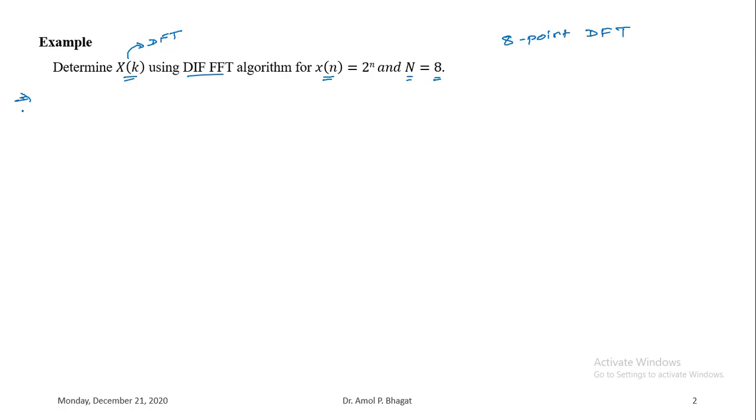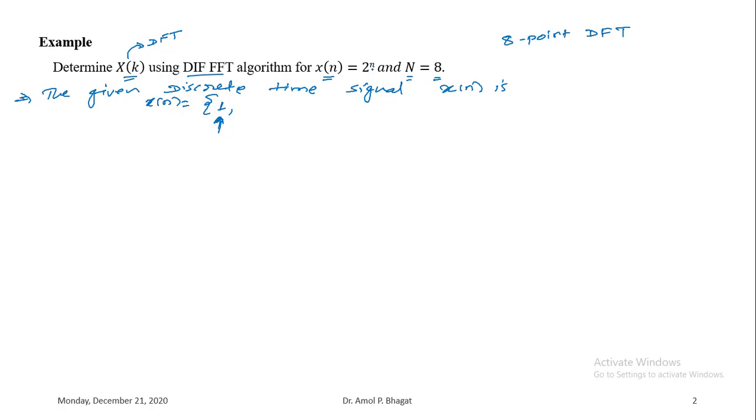So initially we'll write down all these samples in the given signal x of n. So in solution, the given discrete time signal x of n is, if I substitute n equal to 0, 2 raised to power 0 is 1. So the origin sample in the signal x of n is 1.